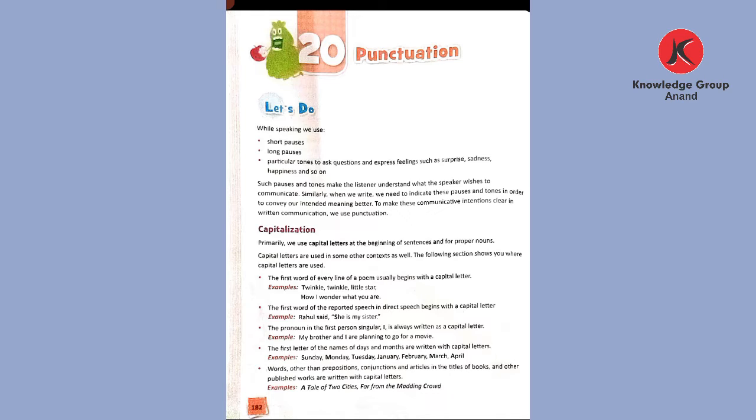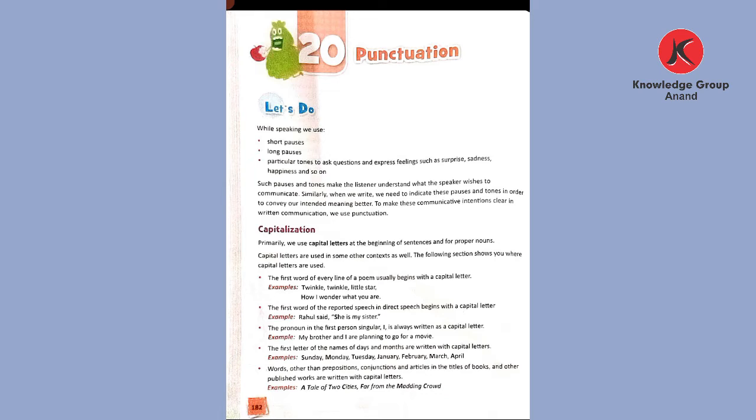So, capitalization. Here the first topic is, and dear students, you remember when we learned chapter number 16, the sentences. Every sentence begins with a capital letter. In between the sentence, if there is a proper noun, it is always with a capital letter.